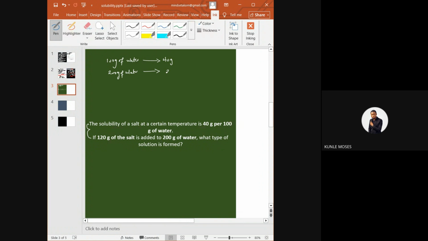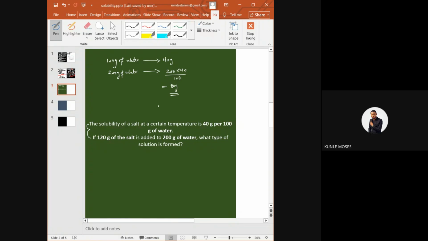That will be 200 times 40, divided by 100, isn't it? Are we together? So 200 divided by 100 is 2. 2 times 40 is 80. That means we have 80 gram.